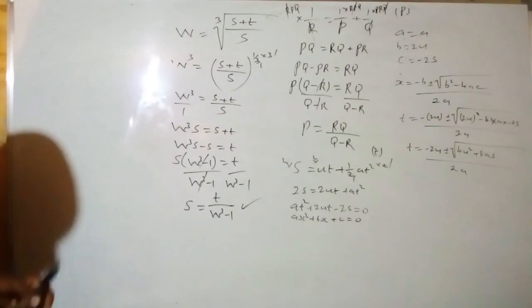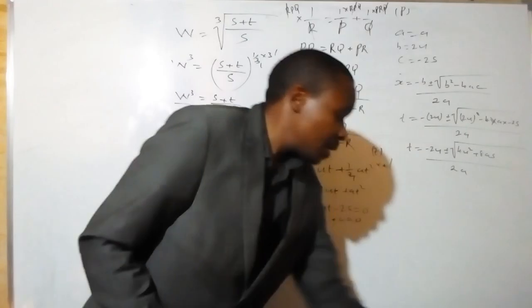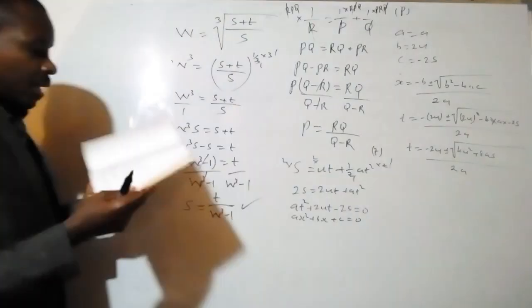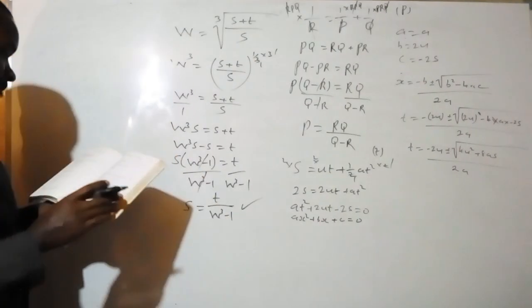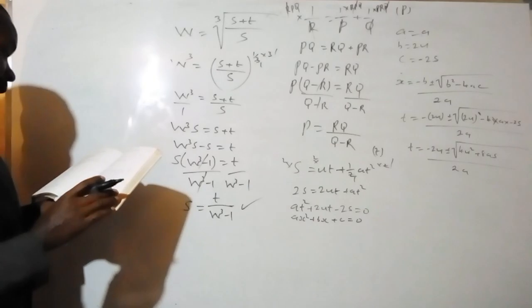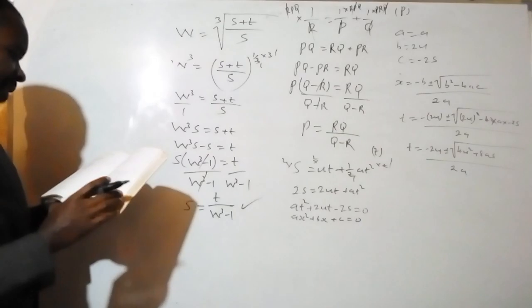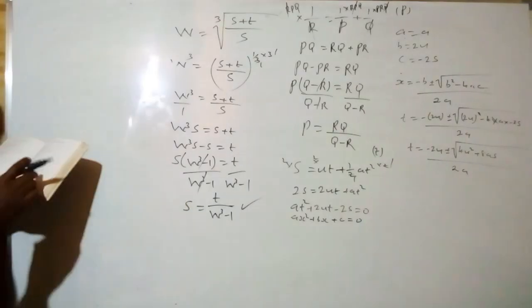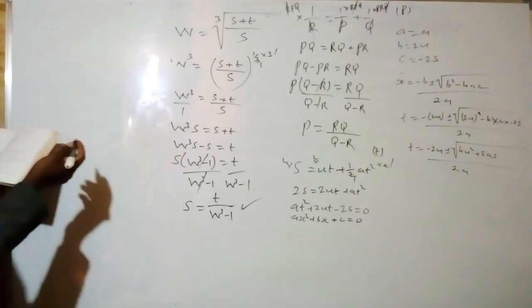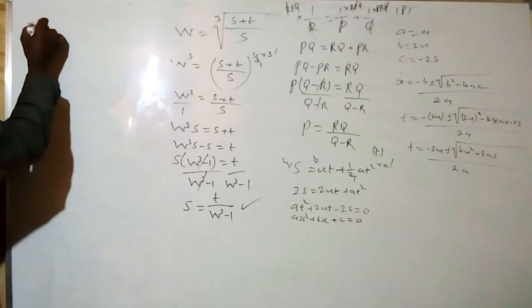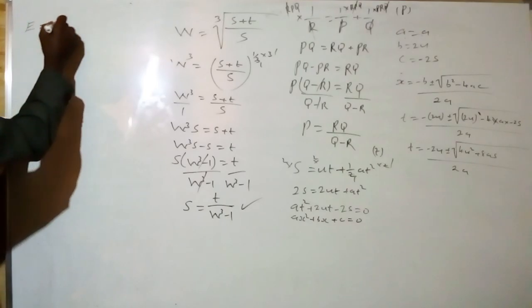Now the very final. We are given E is equal to mv squared all over 2 plus mgh.